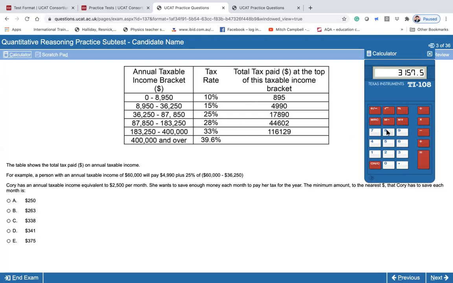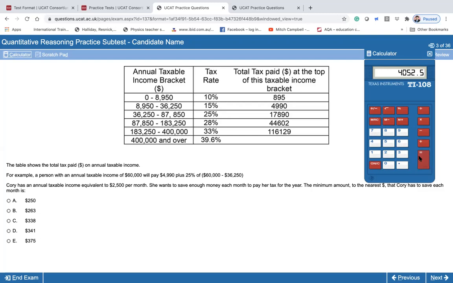So you add 895 to 3,157.5, and that gives you 4,052.